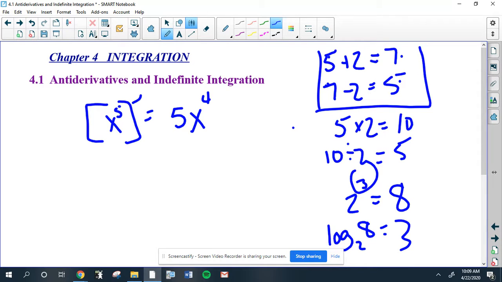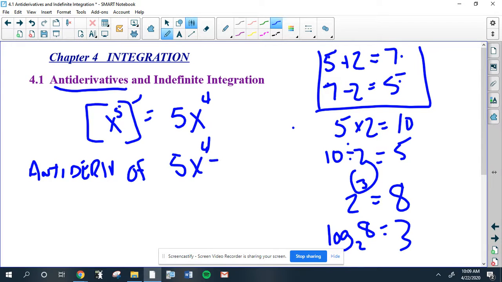So the integral or antiderivative, these are interchangeable. The antiderivative, which is the inverse of differentiation of derivatives of 5x to the fourth, must be x to the fifth.